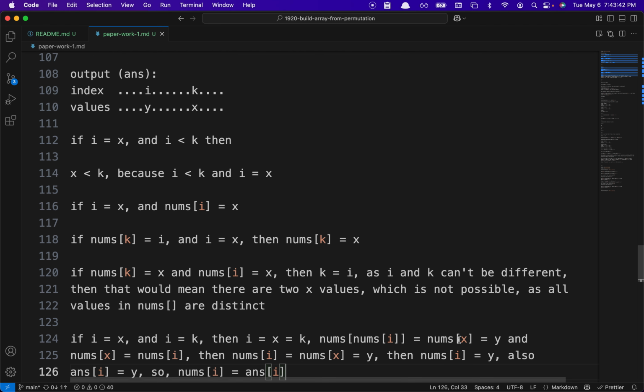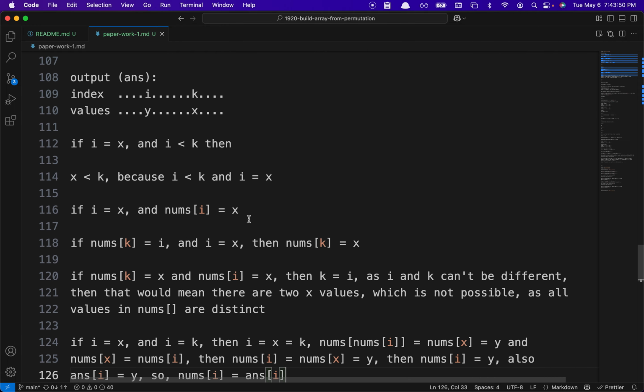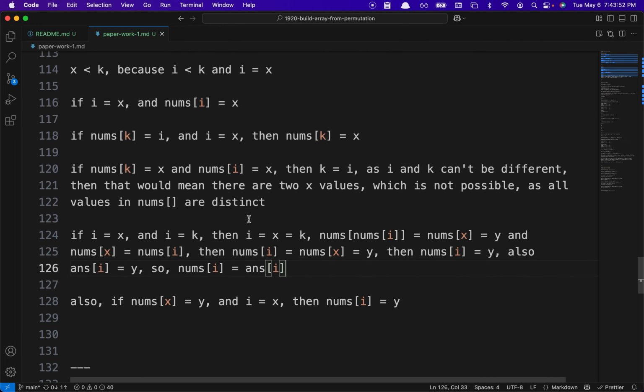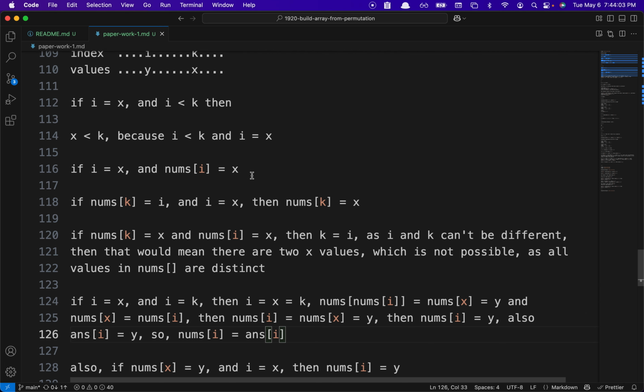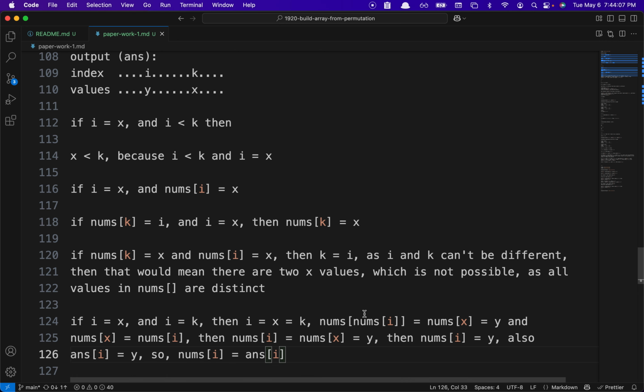So if we say i and x are the same, and we say i is less than k, we still figure out that i, x and k are equal.